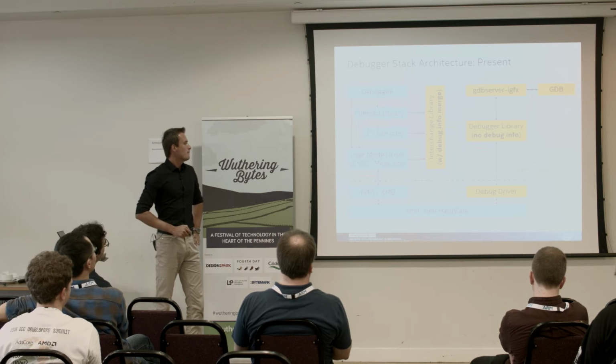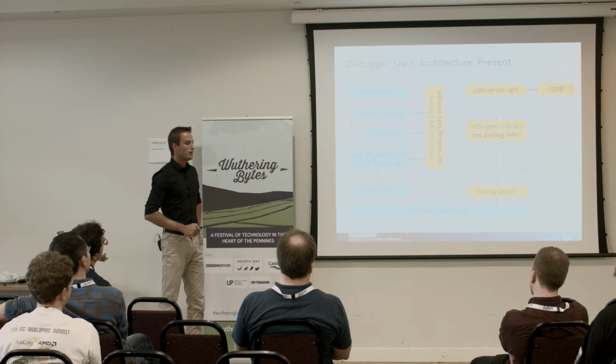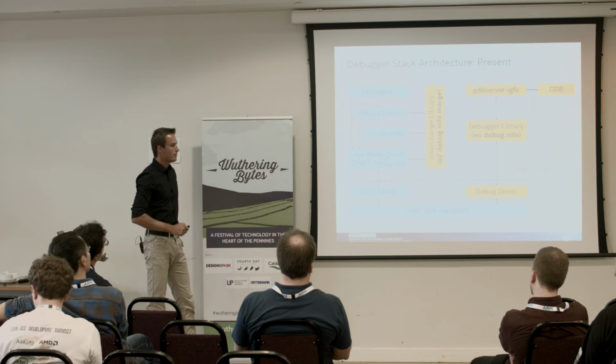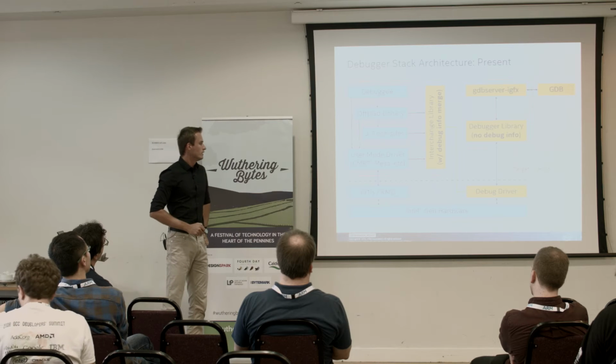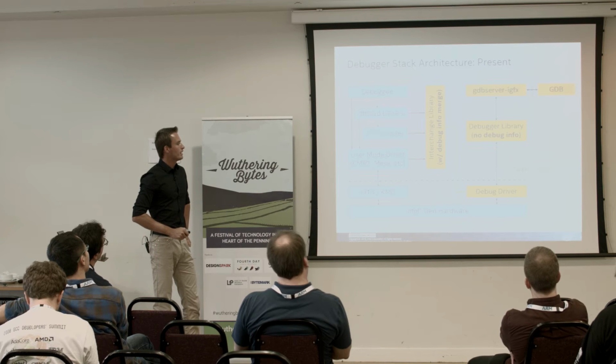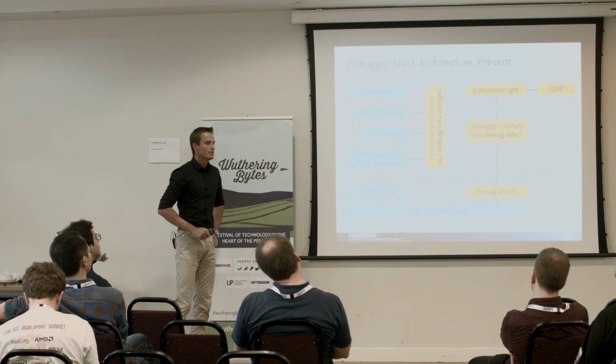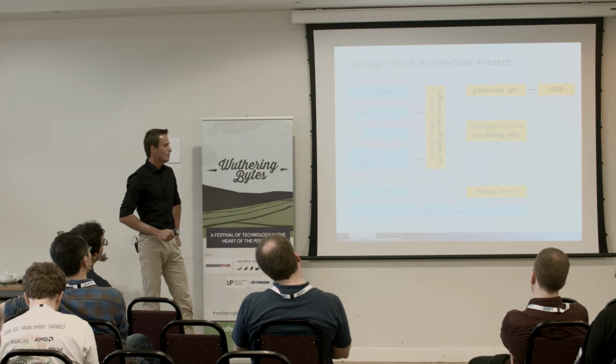And because we want to get rid of the IPC and have some proper accounting of what's happening and who's debugging what, the IPC was dropped because the daemon was dropped. And now you have a direct communication between the two libraries, one used by the debugger, one used by the inferior, with this entity called the debug driver, which is a kernel mode driver on both Linux and Windows.